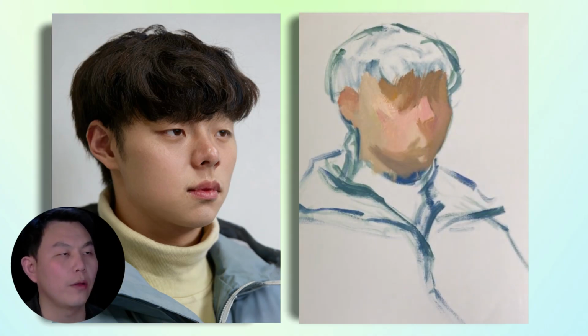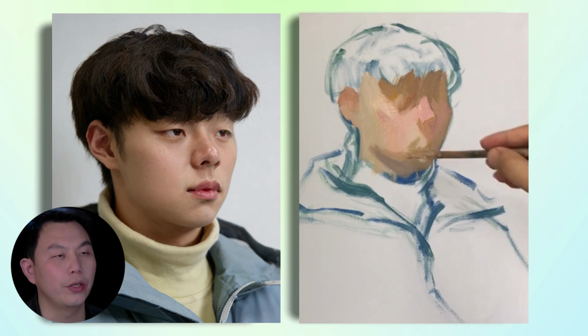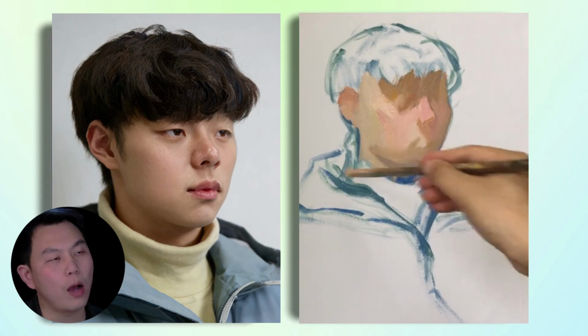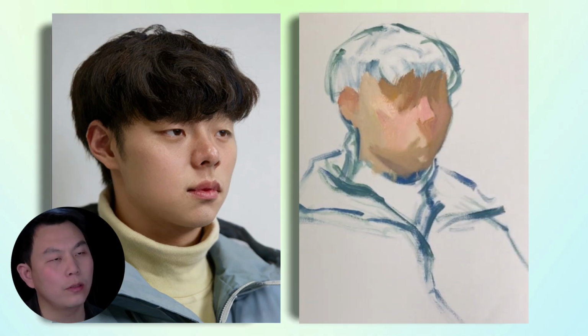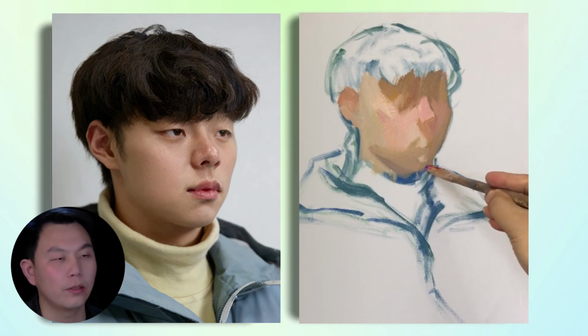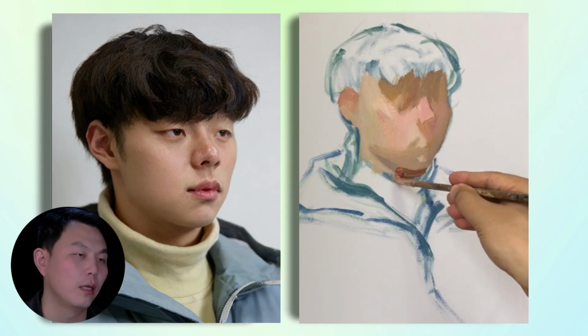Another color block on the face covers the shadow area. For this model, the area around the eyes is mostly covered by hair, so the overall color there is darker in brightness than the other light-receiving areas.